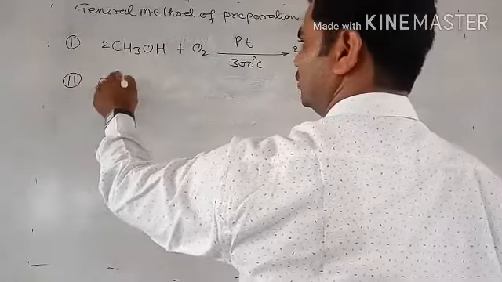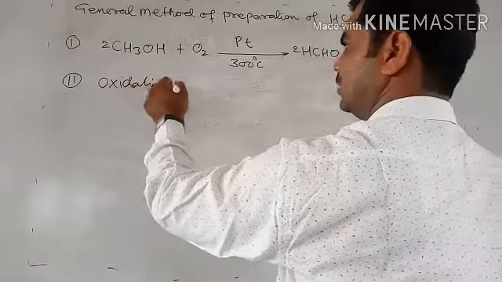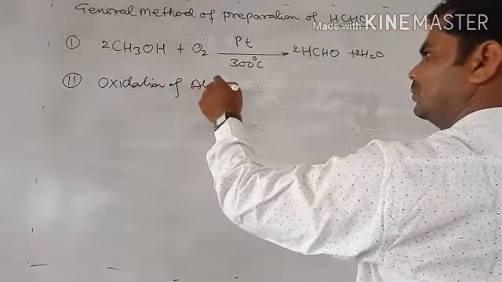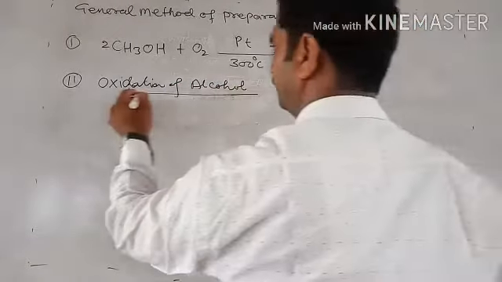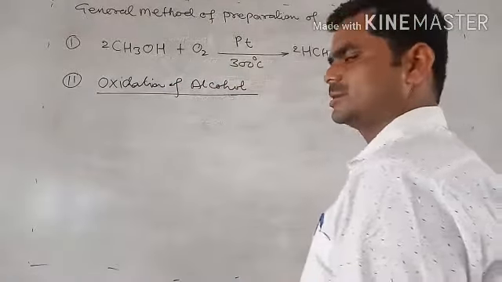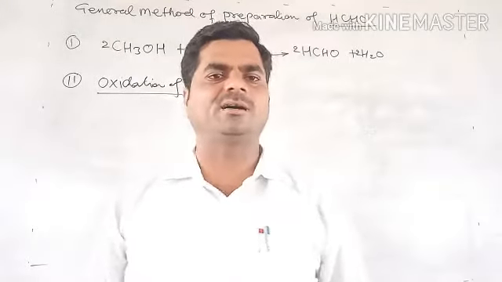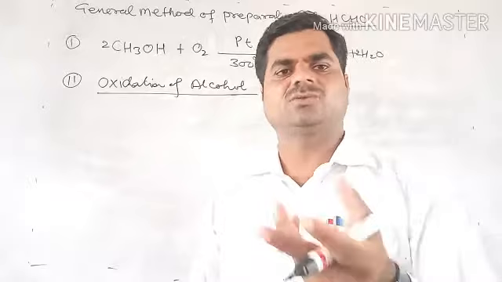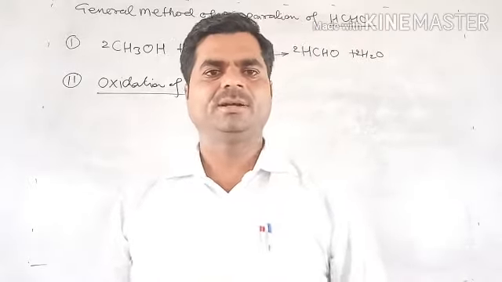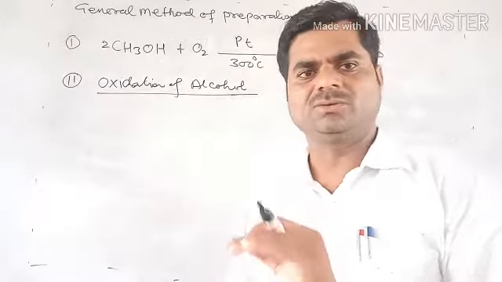Now we can form it in another way by using oxidation of alcohol. By oxidation of alcohol, in the presence of acidic sodium dichromate or potassium dichromate, alcohol is oxidized into aldehyde.